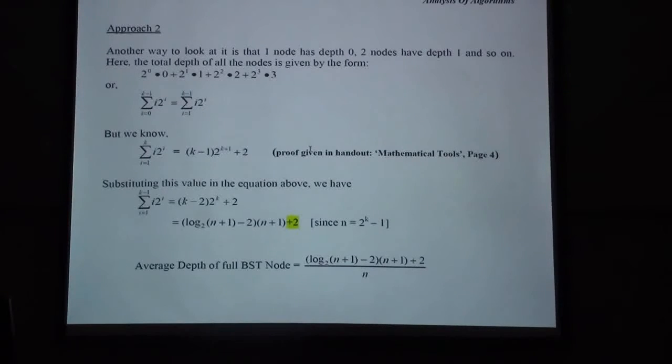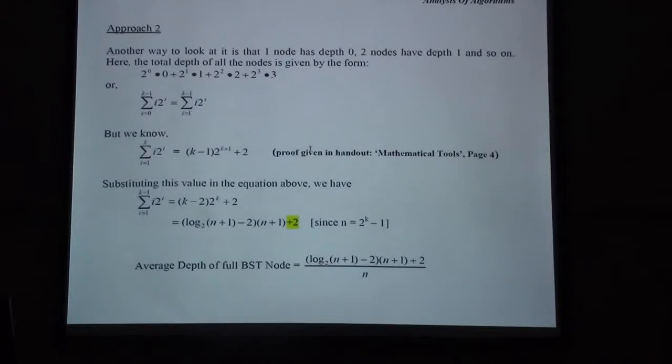The depth at level 1 is 0. The depth at level 2 is 1. And the depth at level k is k minus 1. So we are using the counter in the summation as going through every single depth in a tree of height k.